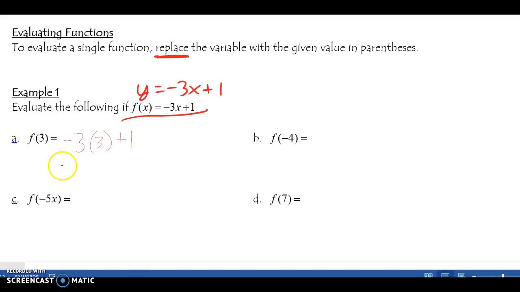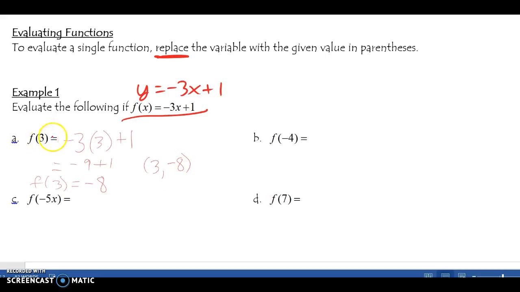And then we just need to do the math, simplify. So we end up with negative 9 plus 1. So f of 3 equals negative 8. Since this is another way to write y, we were given x, we were finding y. So if we had to, we could think of this as an ordered pair, 3, negative 8.